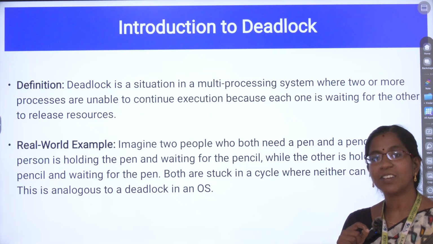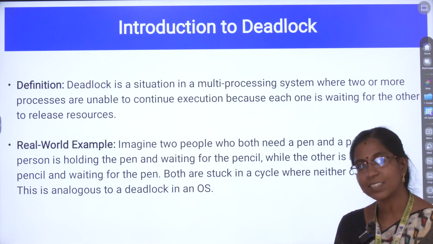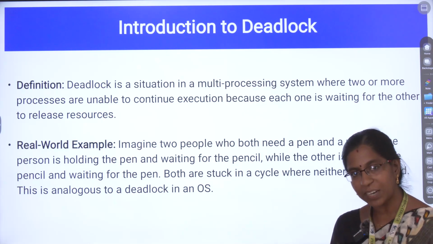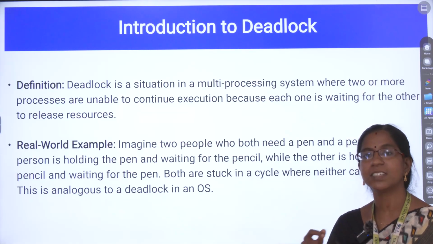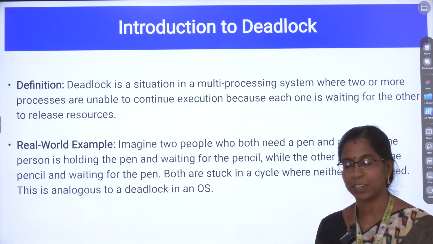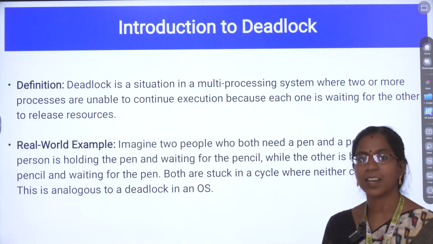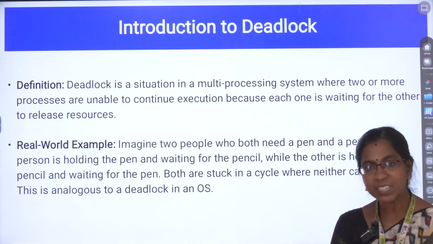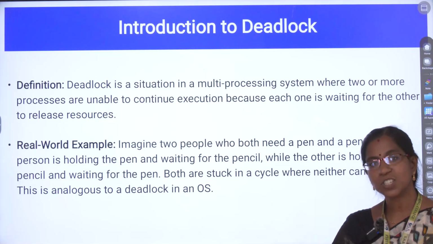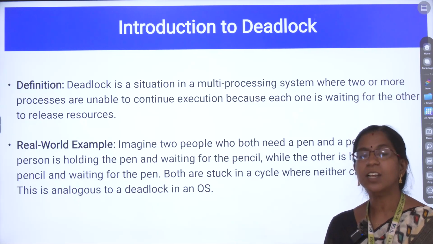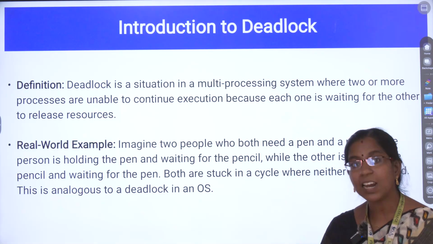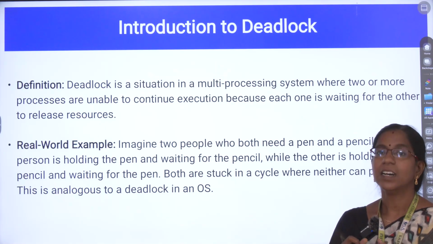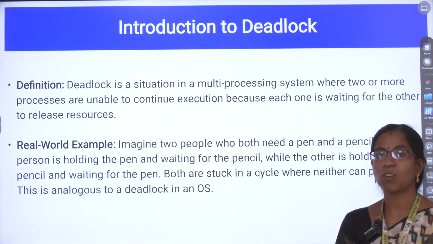This situation is a deadlock. Only when the first person completes his task with the pen can the requesting person get access to it. Similarly, in a multi-processing system, process A holds some resources that are requested by process B, and process B remains waiting until it gets the resource held by process A.